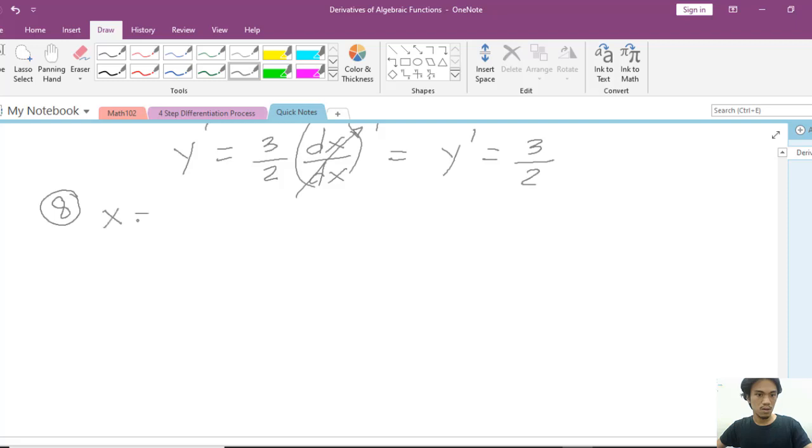x is equal to 2 divided by, let me make my own problem, 1 minus s squared, let's say.